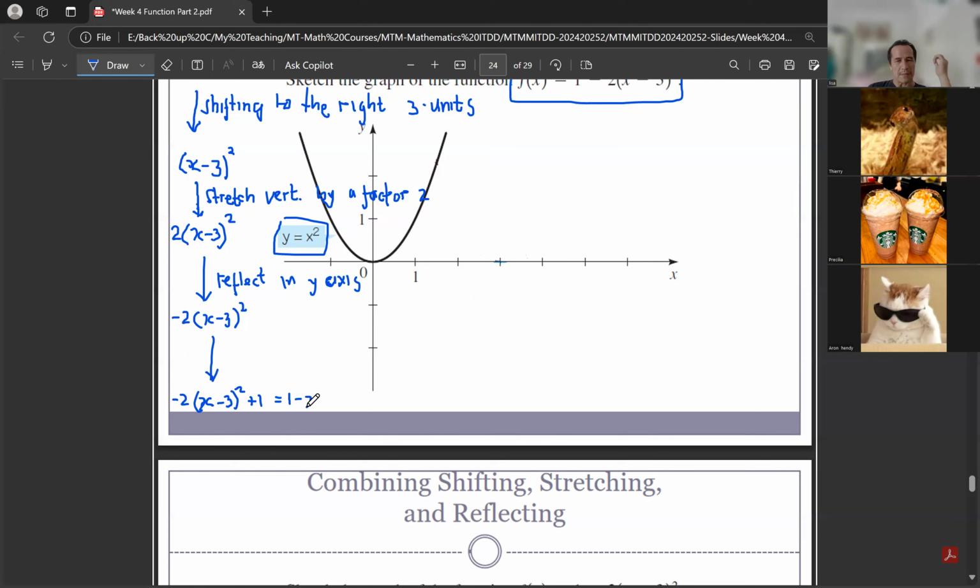This is 1 minus 2 times (x minus 3) squared.